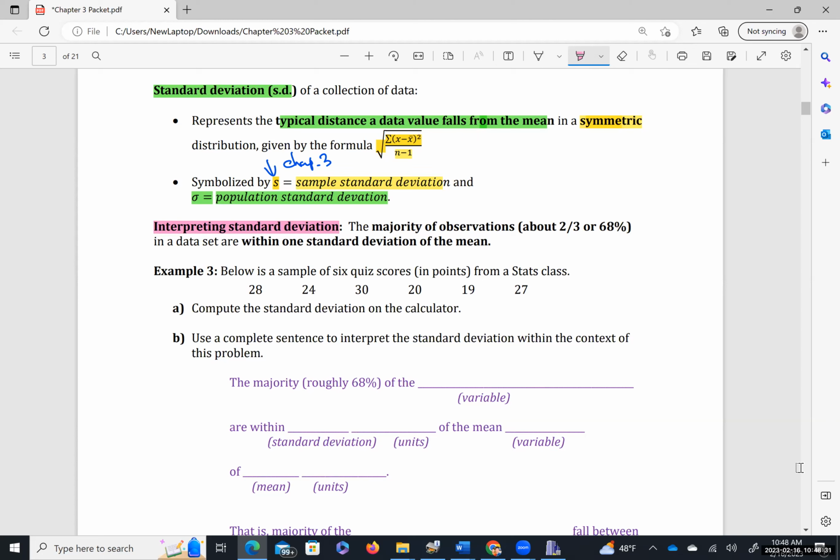The majority of observations, about two-thirds or 68% of the values in the data set, stay within one standard deviation of the mean.